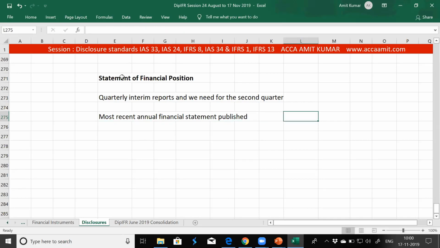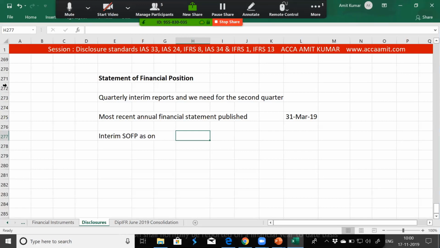That is of 31st March 2019 in India. As I said, we are in the second quarter. Which will be the balance sheet in the second quarter? The interim statement of financial position will be as on which date? If we are in the second quarter in India, which balance sheet do we publish in the second quarter? End of second quarter.